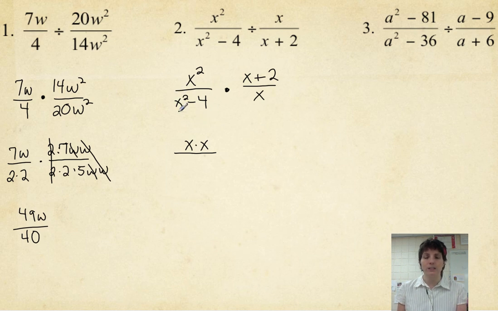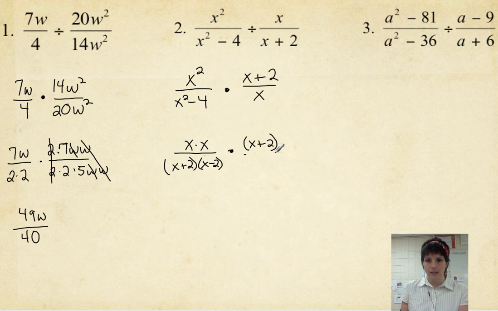In the denominator, it's a difference of perfect squares. So we have to factor it. It's going to become x plus 2 times x minus 2. We have multiplication. That's a binomial, so it's x plus 2 in parentheses, and the denominator is an x.